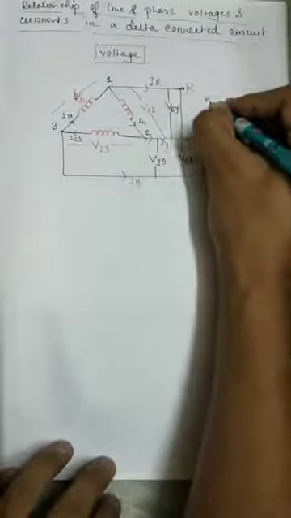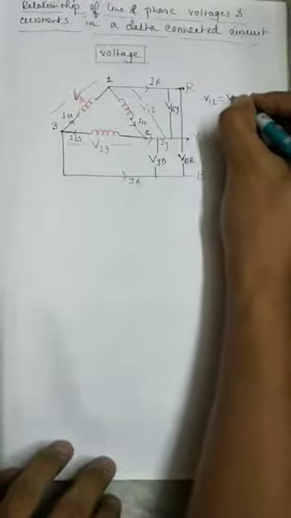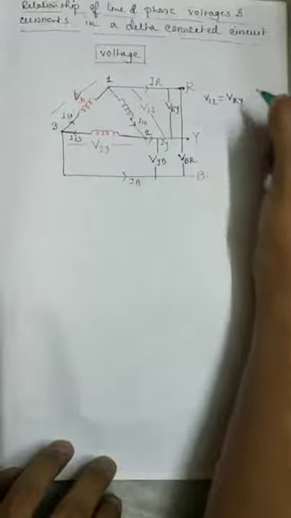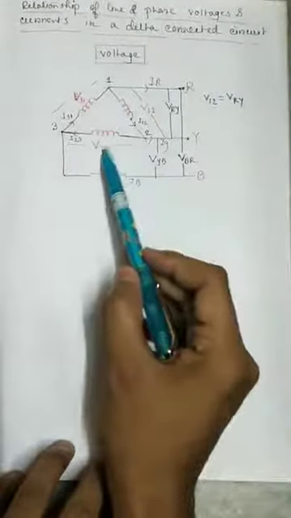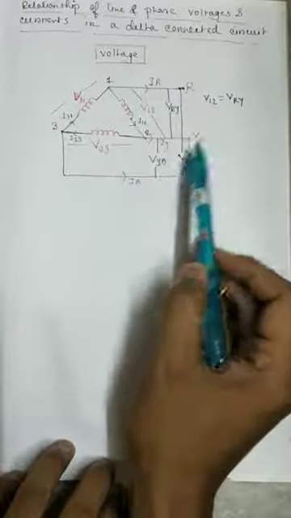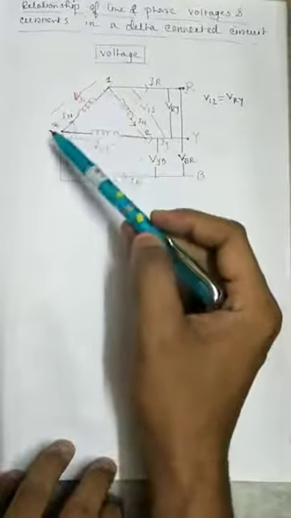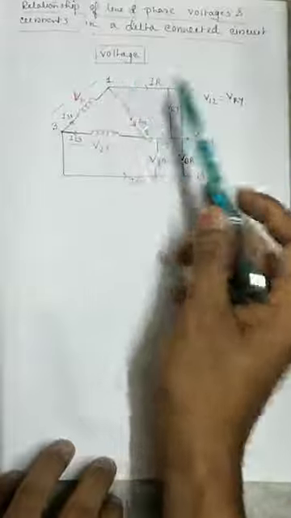So V12 equals VRY. Similarly, V23 equals VYB and V31 equals VBR.